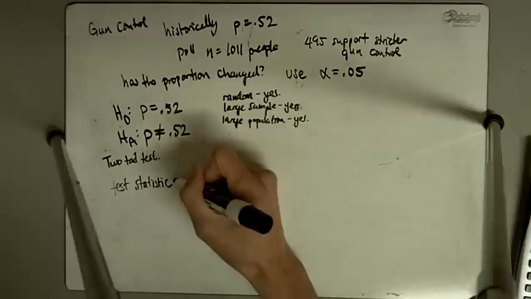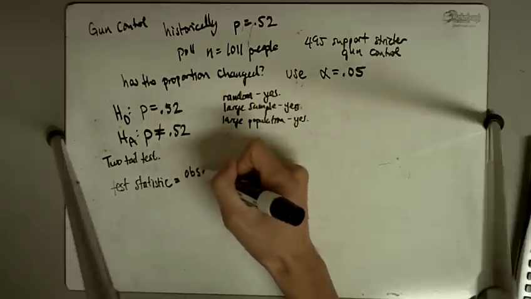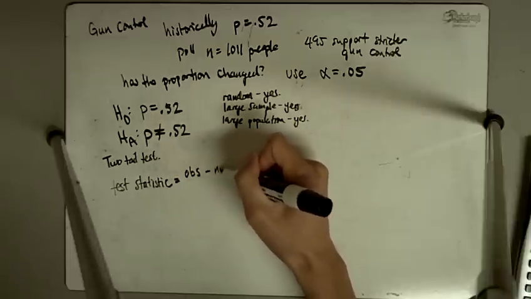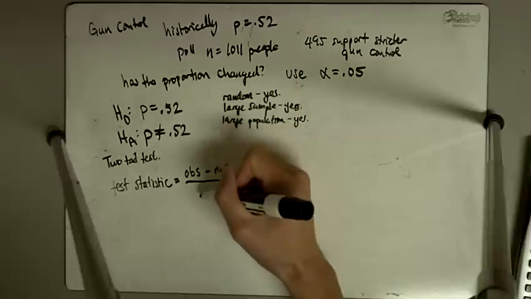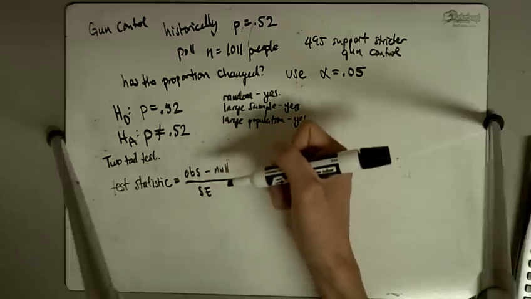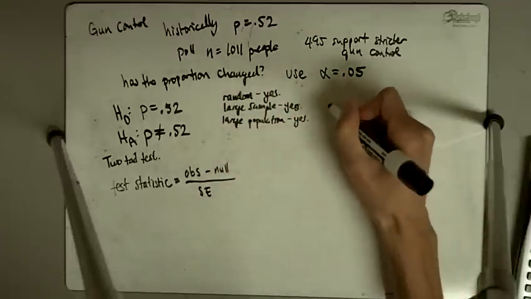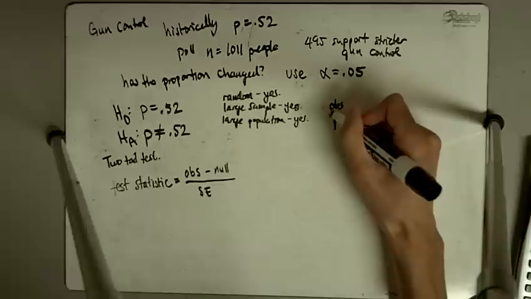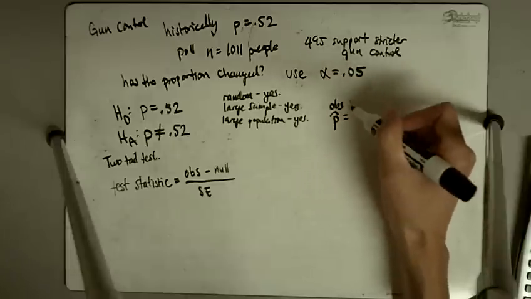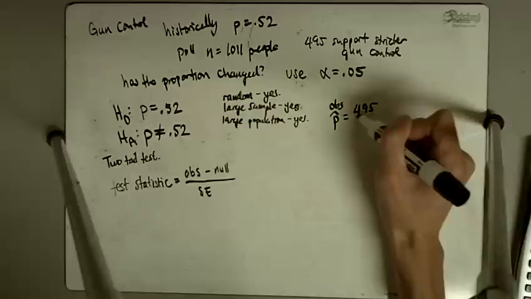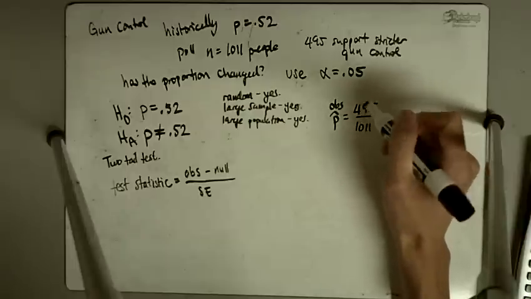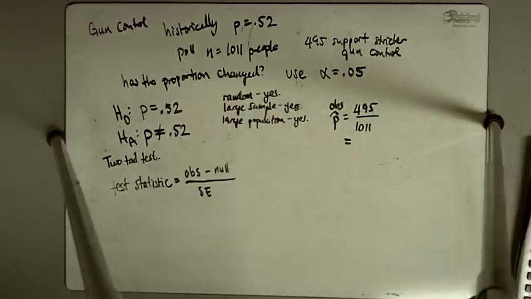So our test statistic is going to be what we observed minus what our null hypothesis states, divided by our standard error. So what did we observe? We observed p hat is equal to 495 out of 1,011 people who want stricter gun control laws.